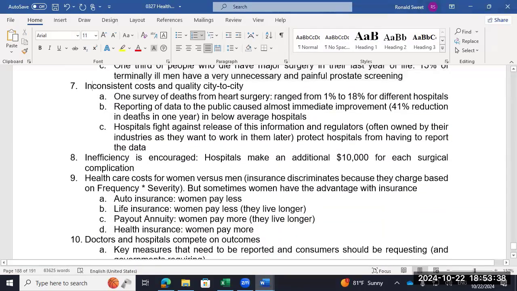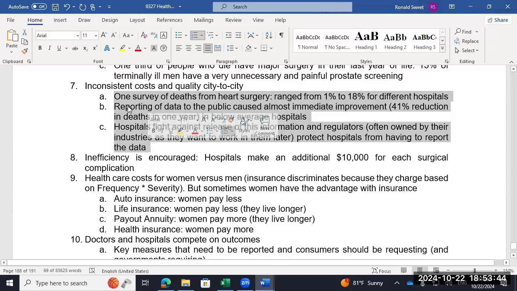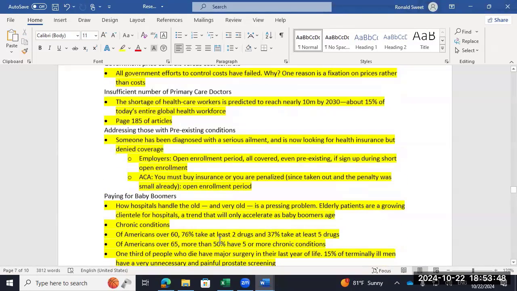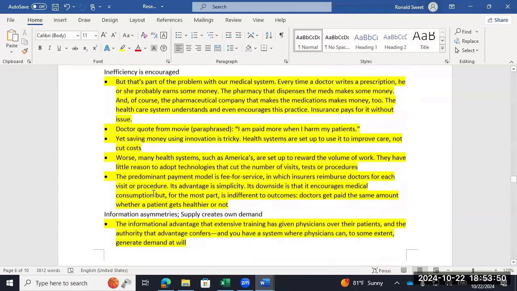Inconsistent costs and quality city to city. I'll just copy all those in there. Find the word inconsistent if you got to do a search.